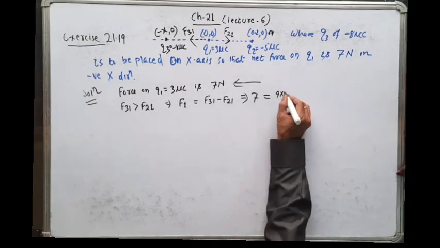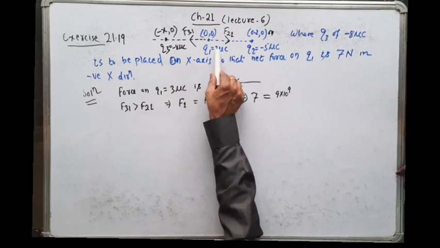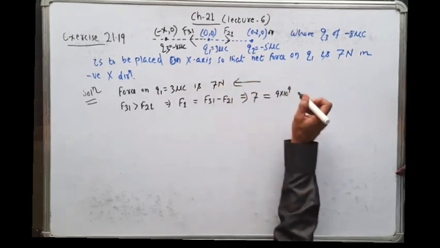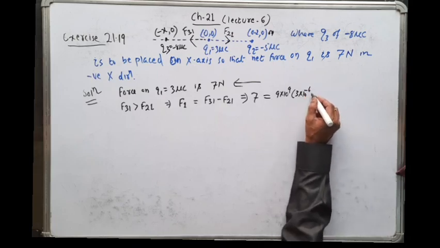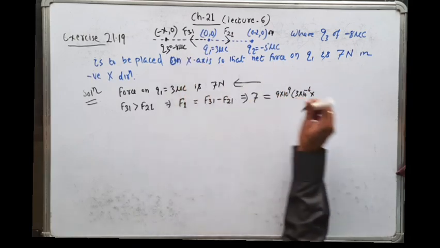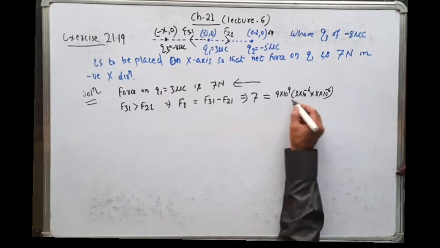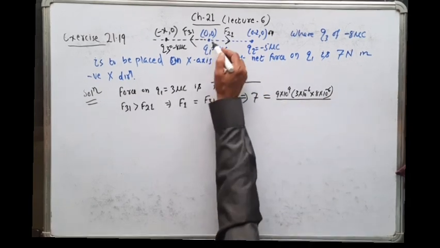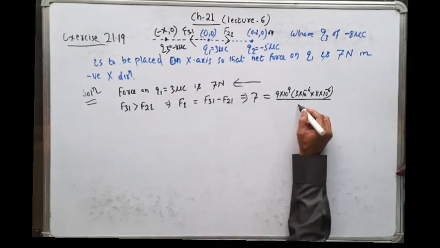So 9 into 10 to the power 9, Q1 into Q3. So that is 3 microcoulomb, 3 into 10 to the power minus 6, into, what is the magnitude of this charge? 8 microcoulomb, by R square. So what is the distance between Q1 and Q3? That is unknown, that is say x.